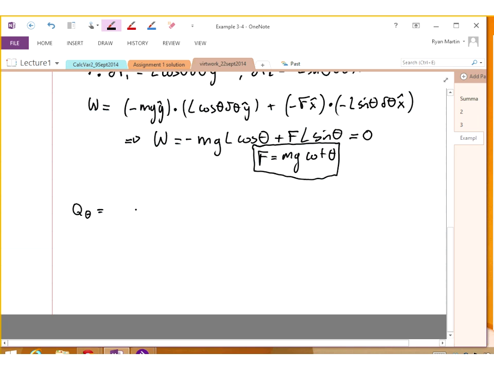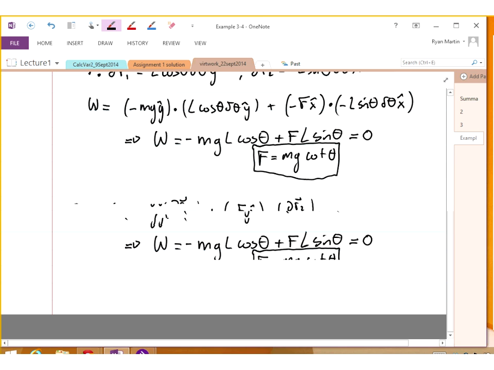So Q theta is going to be the first force, which is minus mg y hat, dotted with dR1 by d theta, plus the second force, which is minus F x hat, dotted with dR2 by d theta.